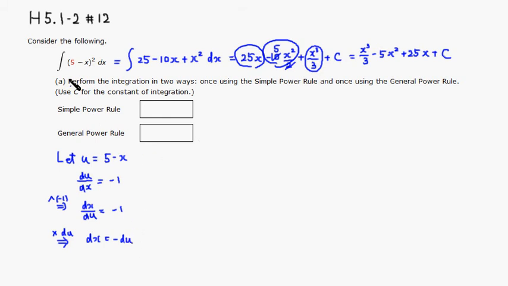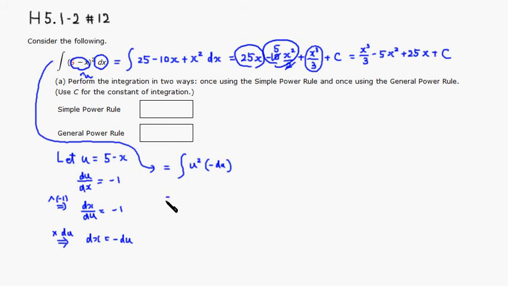Let's rewrite this integral using u. Using the substitution, we called 5 minus x u, so it's going to be u squared. Then dx is negative du. We can put the negative sign outside, so it's negative, then the integral of u squared du.